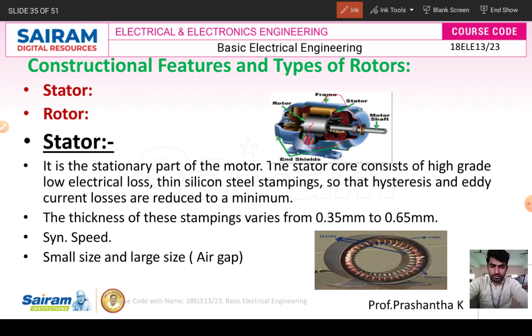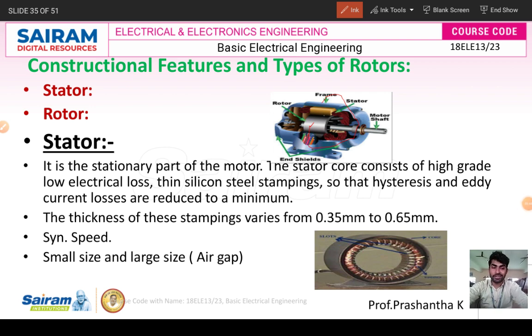That's why we prefer the induction motor for 90% of industrial applications, right? Only 10% we prefer the DC motors and slip ring induction motors also. But squirrel cage induction motors are used in 90% of industrial applications because efficiency is more, and also high output.